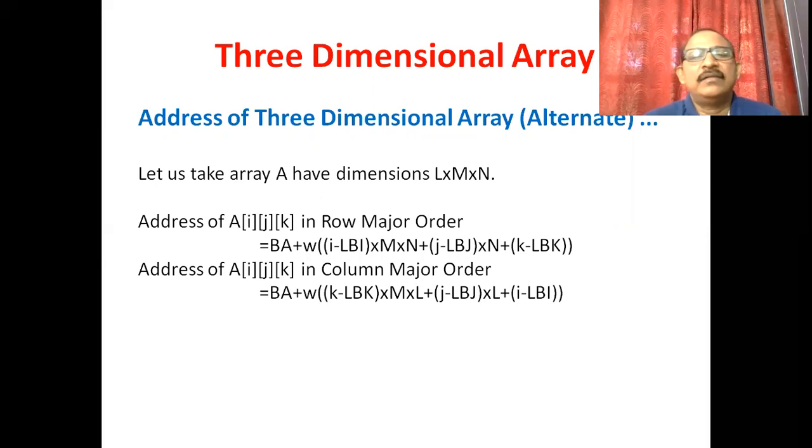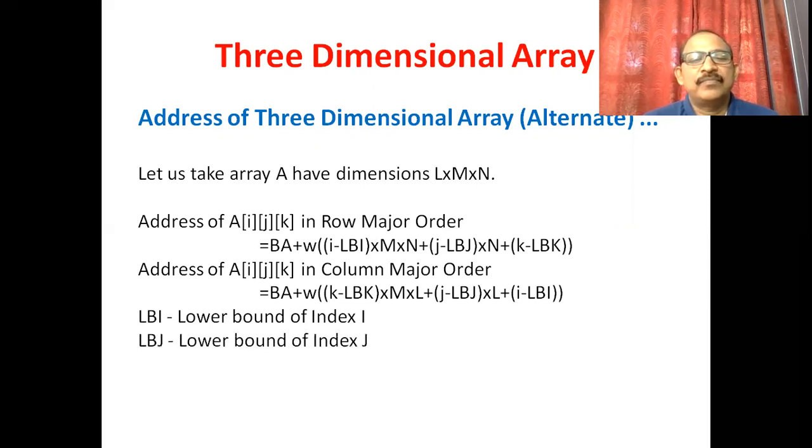Here we take array A having the dimension L, M, N. So L is the number of rows, M is the number of columns, and N is the number of pages. LBI is the lower bound of index I, LBJ lower bound of index J, LBK lower bound of index K, meaning lower bound of row, lower bound of column, and lower bound of page.